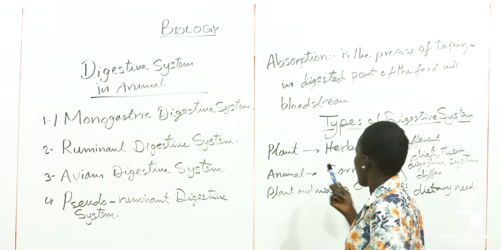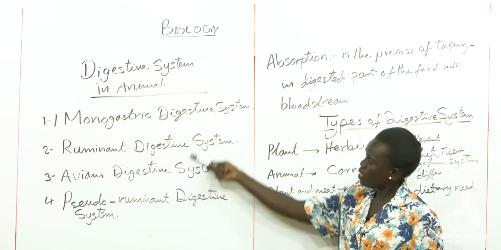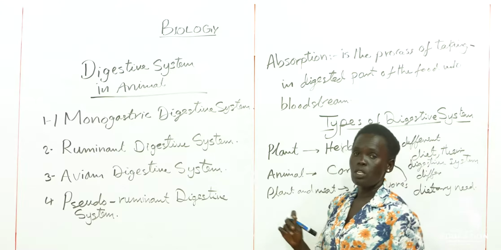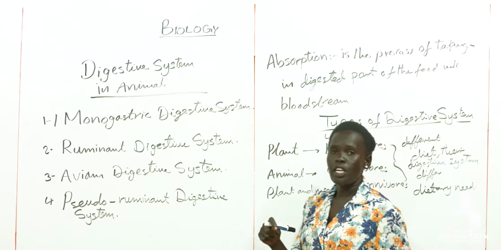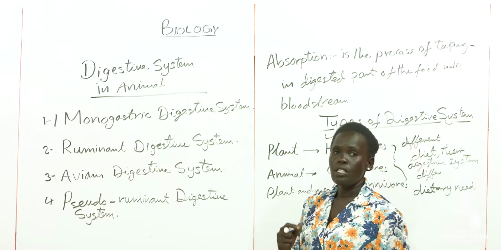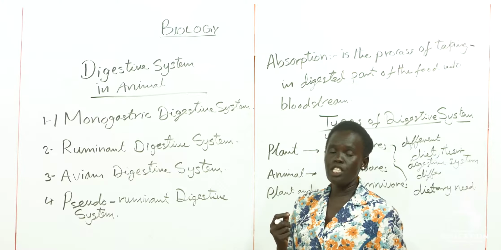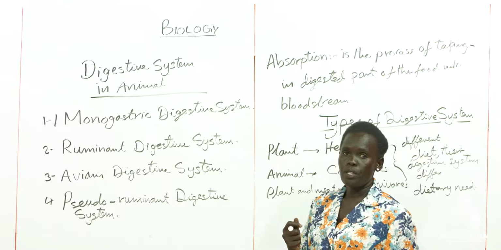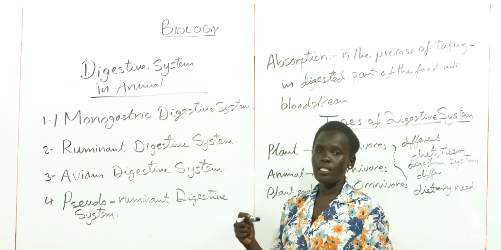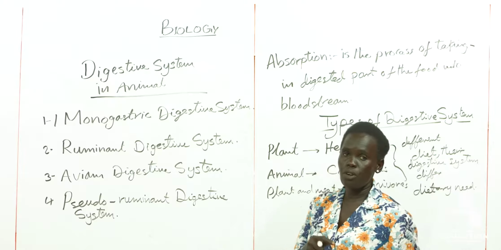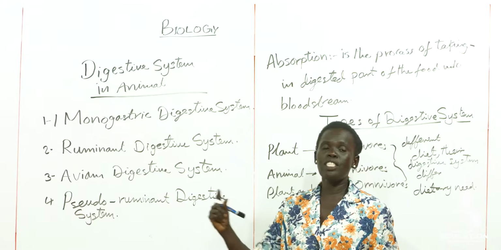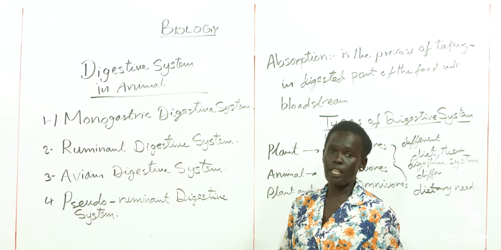These are the types of digestive system in animals, because the animals have differences based on their diet or dietary need. Some of them need to feed on plants, some need to feed on meat, and the third group needs to mix the two, plants and meat together.